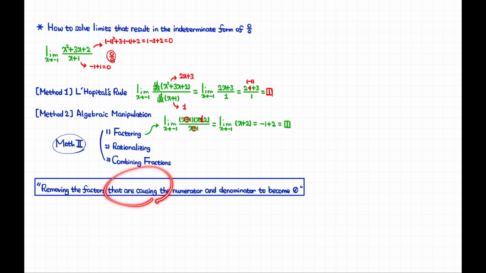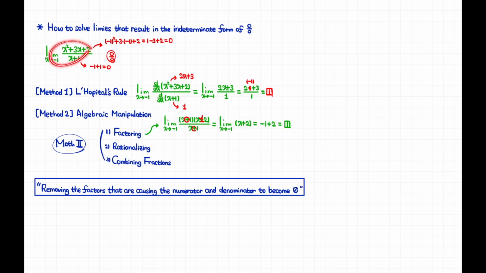So this sentence I wrote in the box earlier, that's really the key main idea. You escape the 0 over 0 form by removing the factor that causes 0. That's the whole point. And to do that, we have 3 methods or 3 techniques. Like I keep saying, it's worth repeating because it's that important.